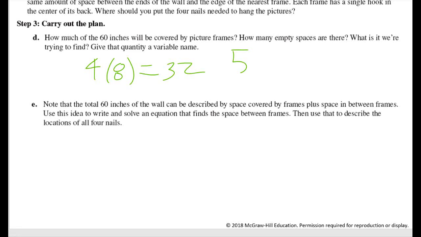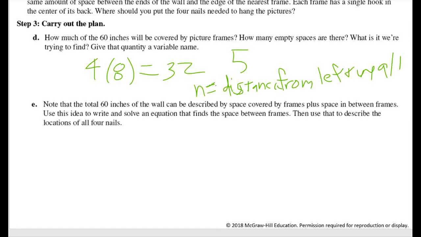So I'm going to say n equals the distance from the left wall to the first nail.